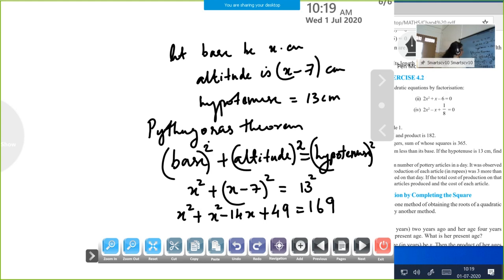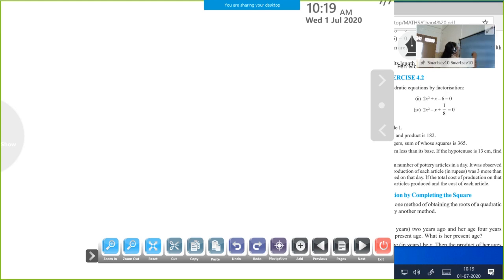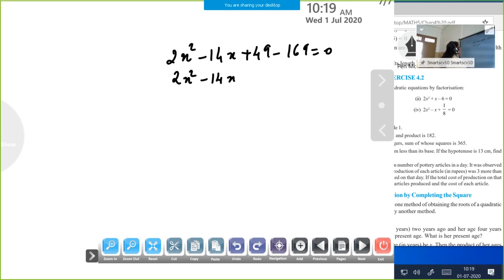Then that is 2x square minus 14x plus 49 minus 169 is equal to 0. That is 2x square minus 14x minus 120 is equal to 0.